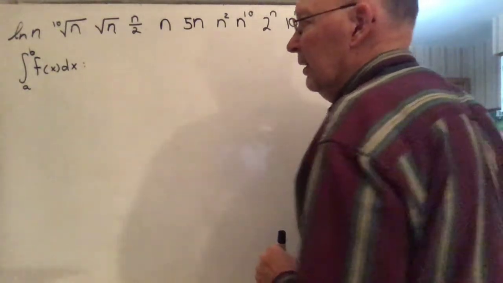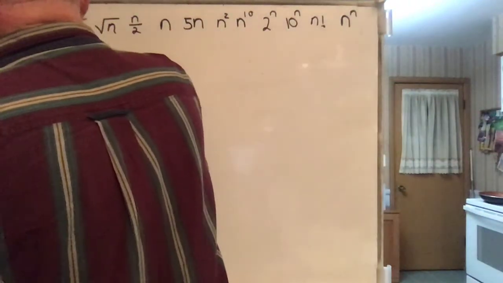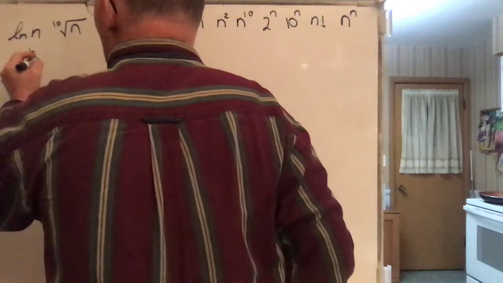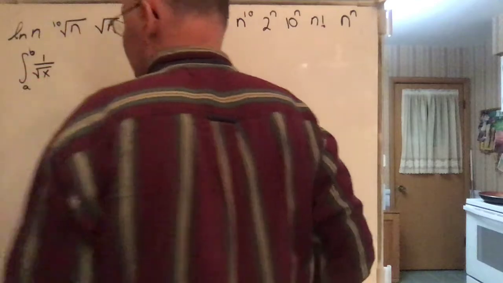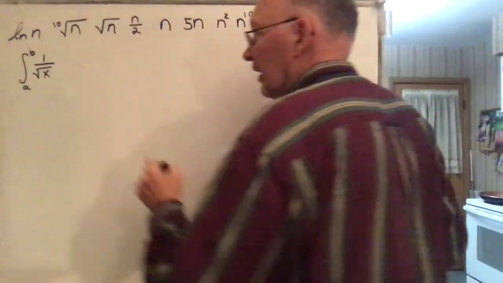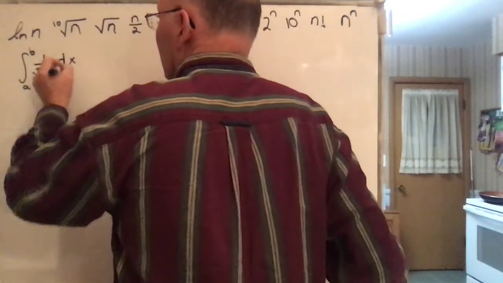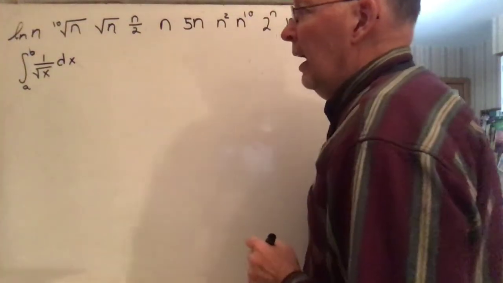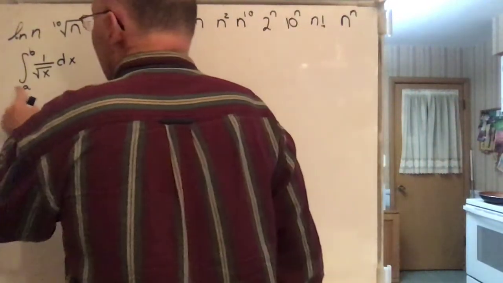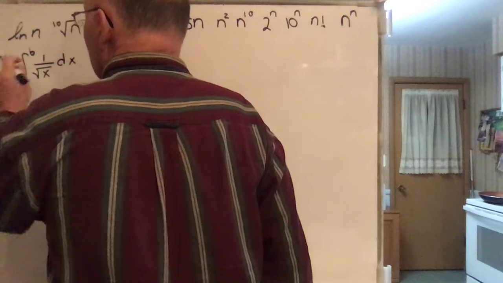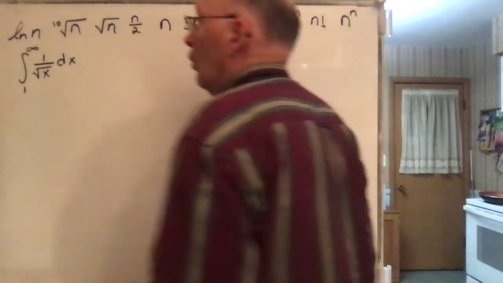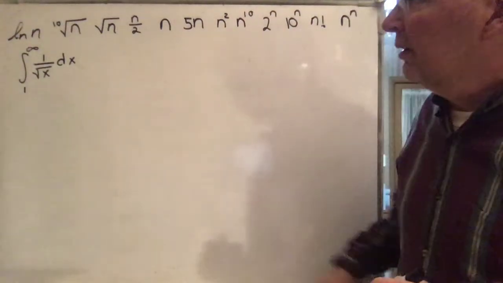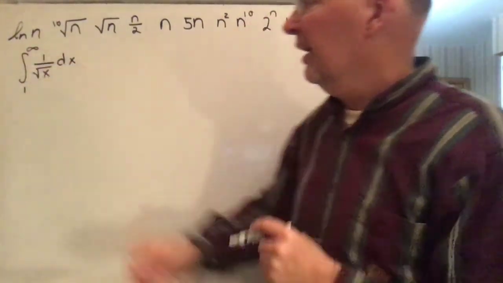Let's say that we're interested in 1 over the square root of x dx on the interval from 1 to infinity. We use a little sideways 8 to indicate infinity.